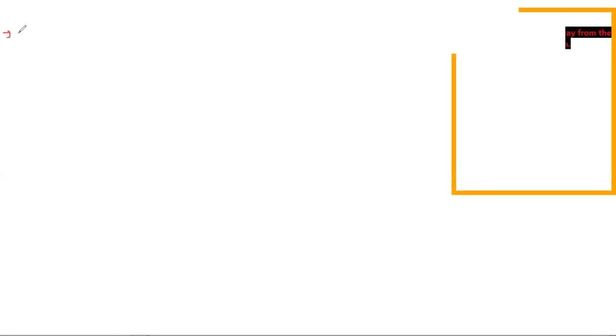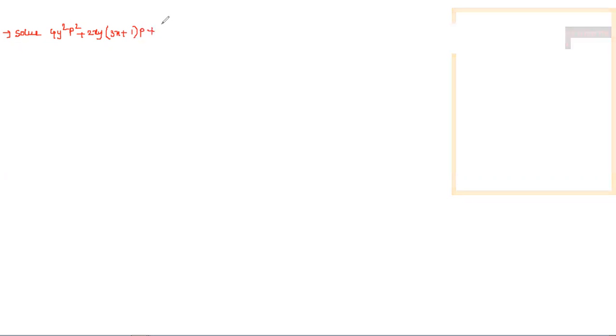Next question. Solve 4y square P square plus 2xy into 3x plus 1 into P plus 3x cube is equal to 0.